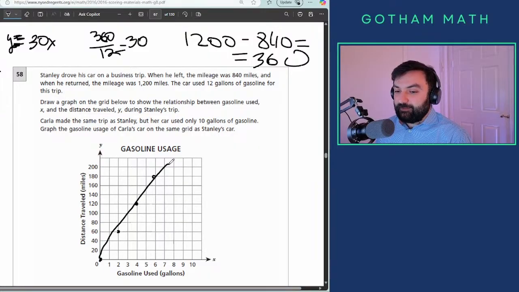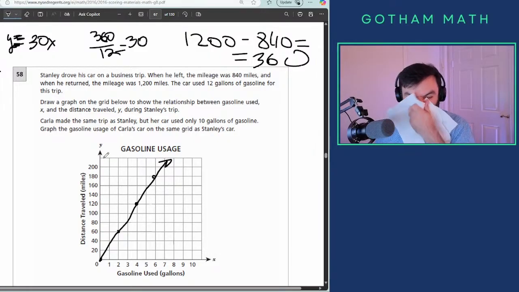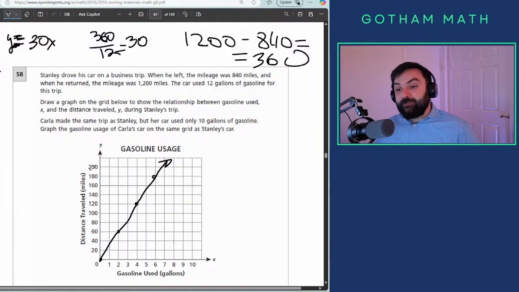Oh my god, I totally missed everything. All right. So this is the first one. The second one is going to be similar. So 10 gallons of gasoline.